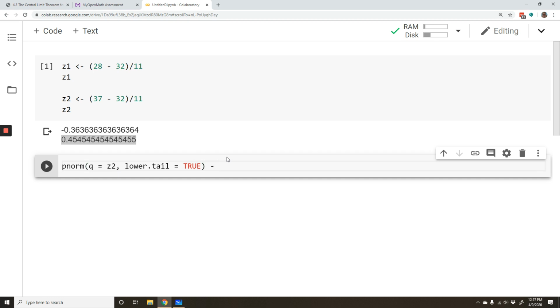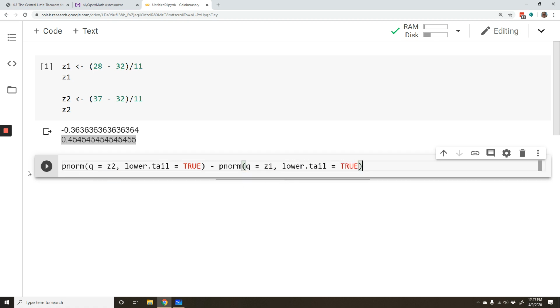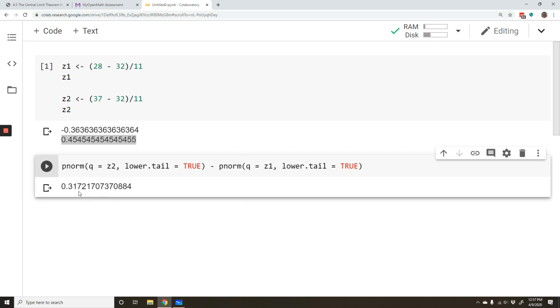That gives me the probability of everything lower than that 0.4545, but that's too much, right? So I'm going to subtract the excess, everything lower than that negative 0.3636, which is my Z1. So run that, and there's my probability.